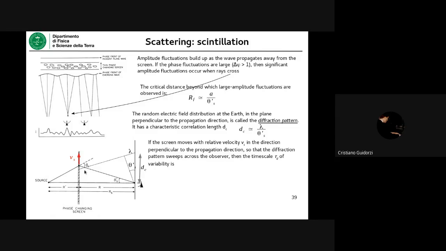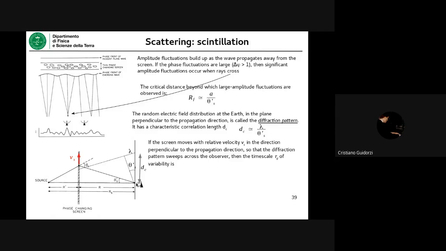Because of the geometry itself, if the blob responsible for this ray tilted this way moves, then all these angles move, and so also the corresponding point at which the diffracted ray arrives on the detector plane.